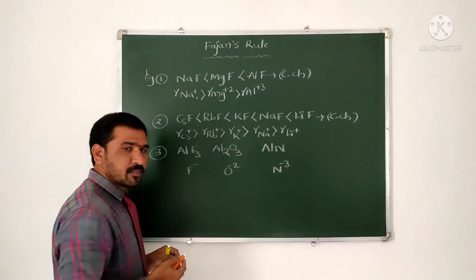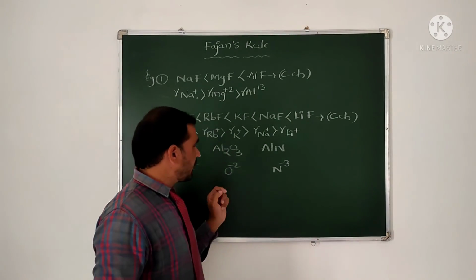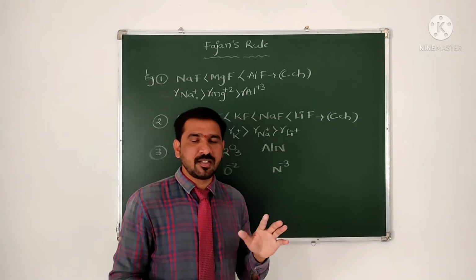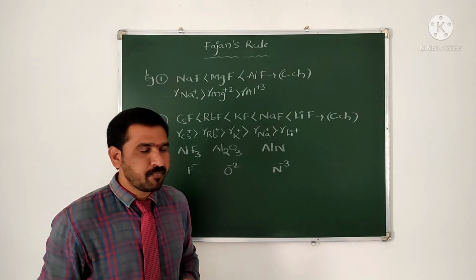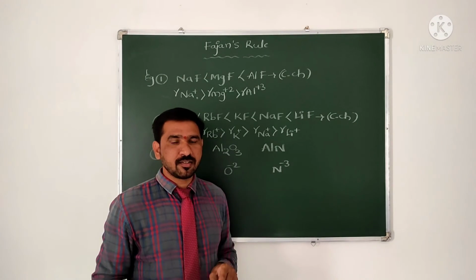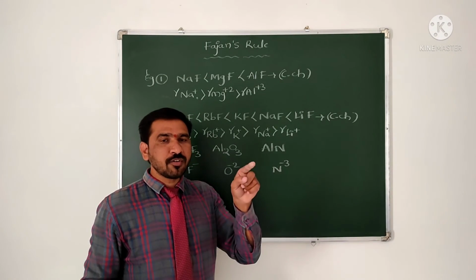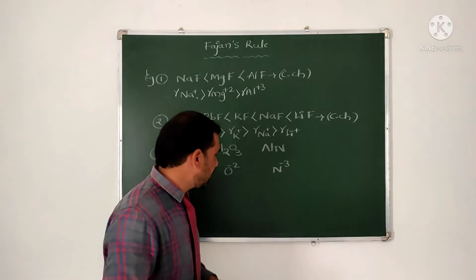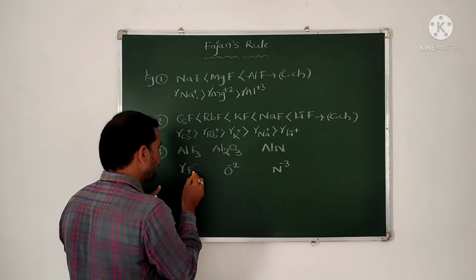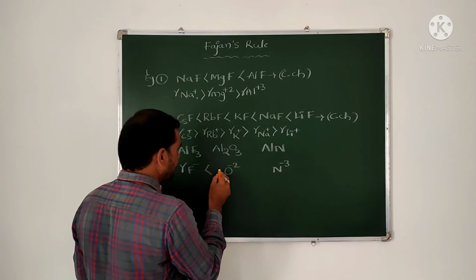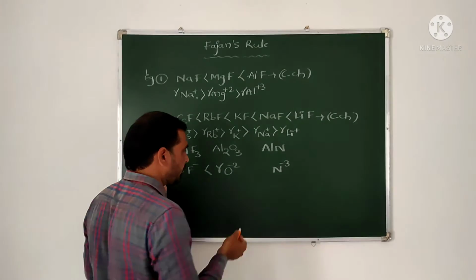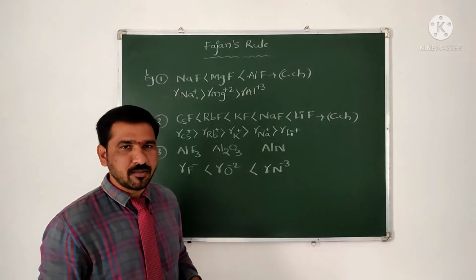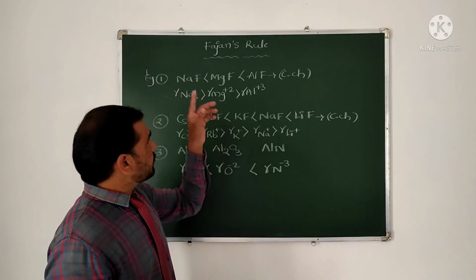F minus, O minus 2, N minus 3 have 10 electrons, so these are isoelectronic species. In terms of anions, charge of anion is directly proportional to its size. Therefore the radius of F minus is less than O minus 2, which is less than N minus 3.